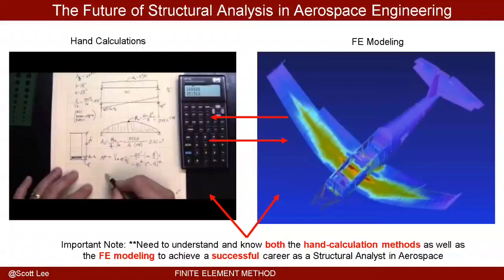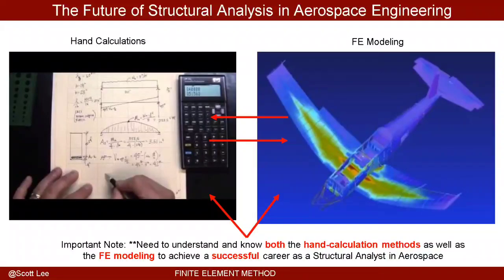Because when you start building models, especially complex models, it is very easy to make mistakes. And in order to capture those mistakes and understand them, if you have a really solid foundation of structural analysis theory and hand calcs, you'll be able to spot them very easily.